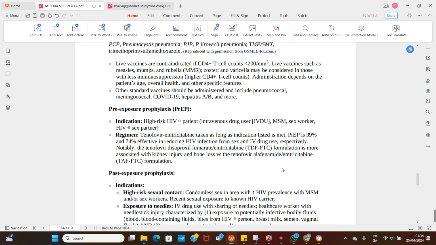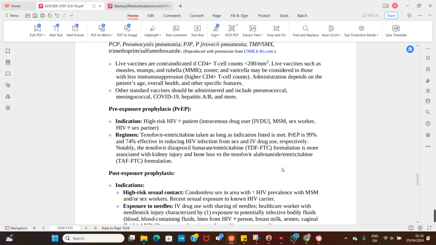But if it is a situation when they cannot stop the activity, they continue engaging in sex work, they continue having MSM, male having sex with male, they continue using their drug intravenously, they continue having sex with their HIV positive partner, they have to continue that PrEP indefinitely. So they basically use PrEP before the high risk habit, and even some days afterwards. That's where the PrEP was.